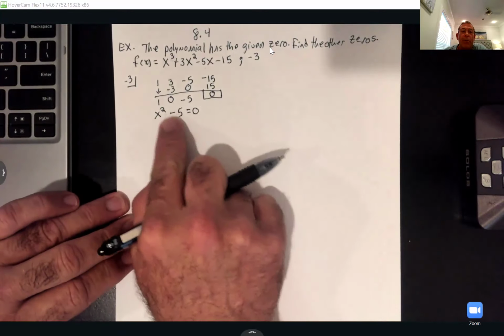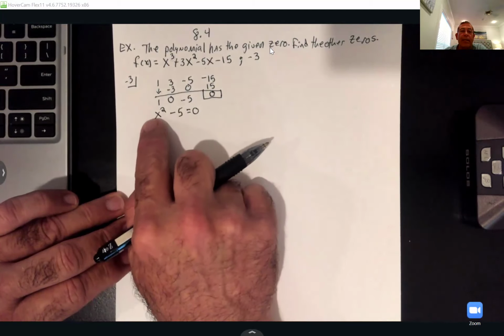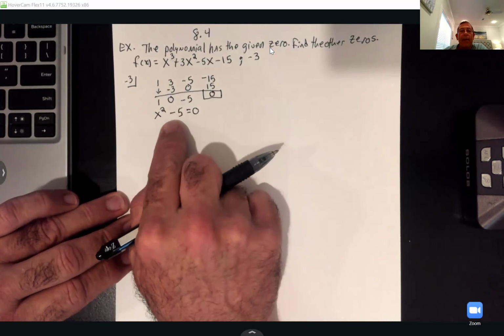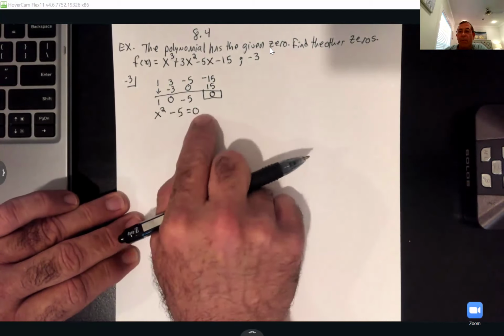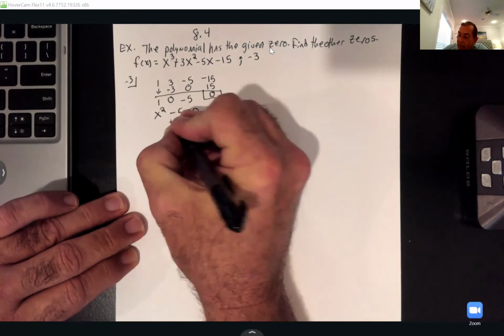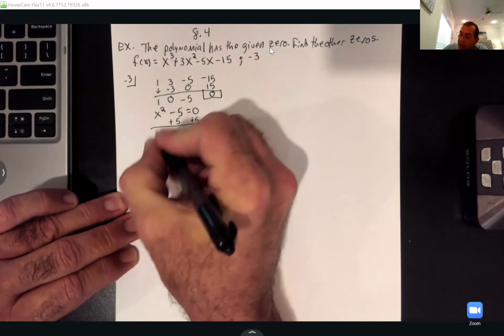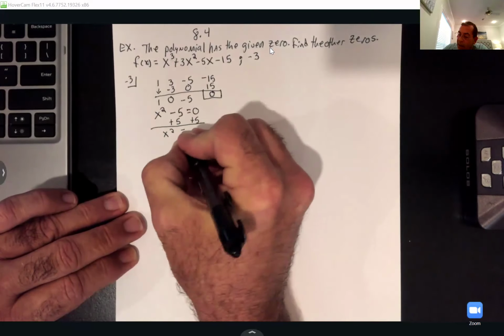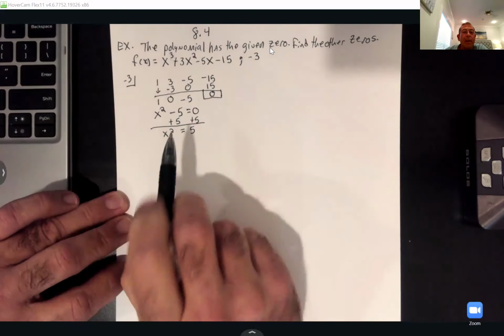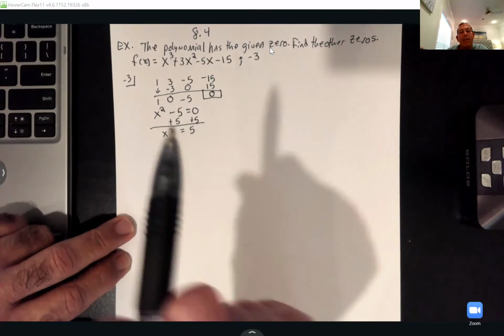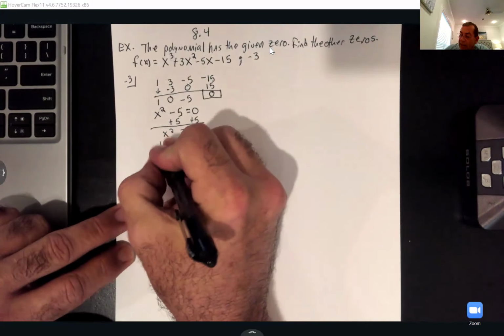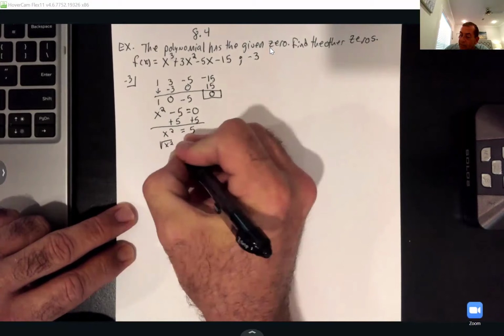But y'all, square roots are pretty quick because all you got to do is get the x squared by itself. And then the number we're going to move over by adding. So I get my x squared equals 5. Now that my x squared is by itself, I can square root both sides.